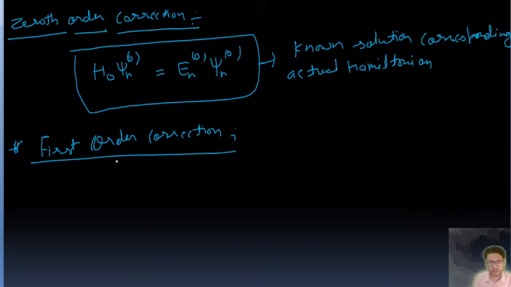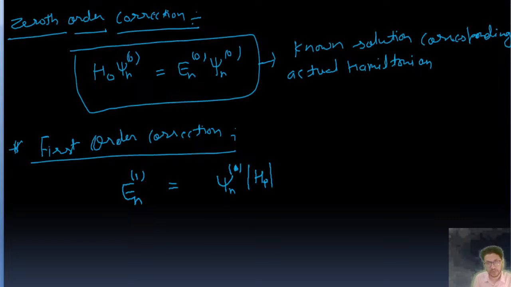So En1, the first order correction, is psi n naught Hp psi n naught, the expectation value of this.